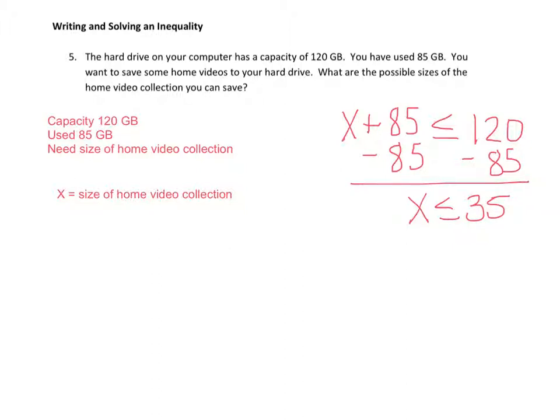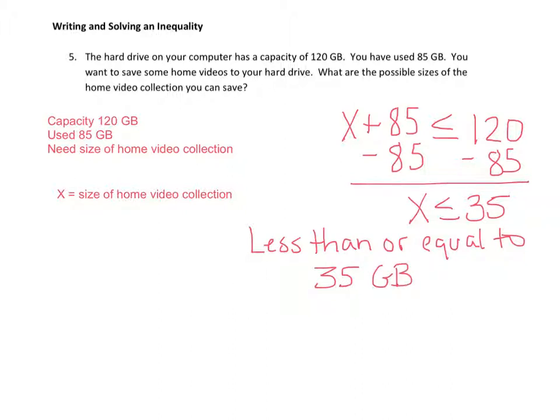Now the question was, what are the possible sizes of the home video collection that you could save? And it is less than or equal to 35 gigabytes.